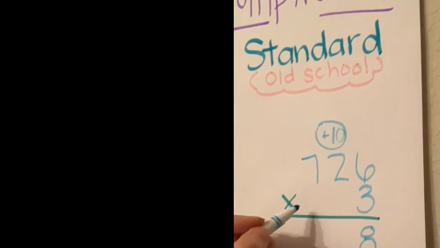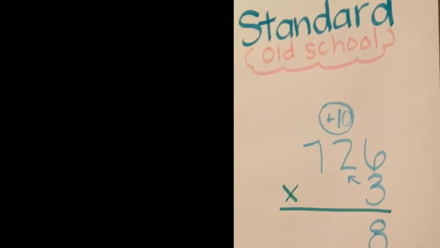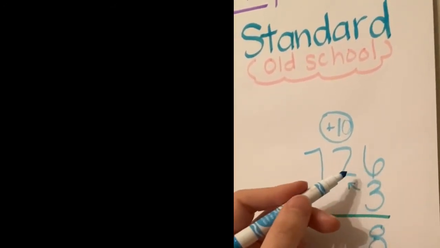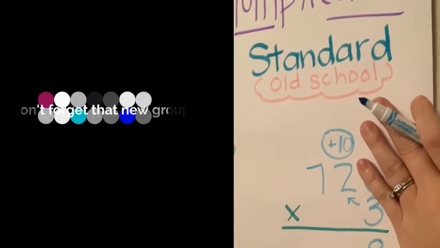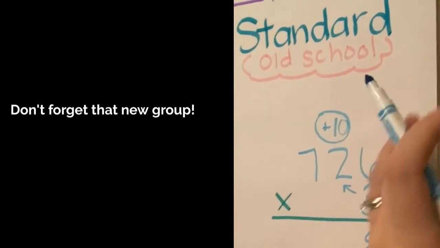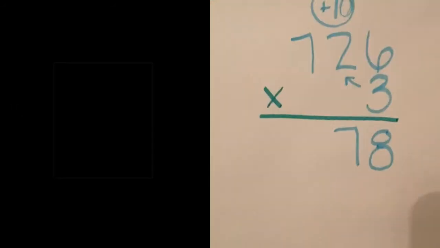So then we're gonna go diagonally and do 3 times 2, which I really am needing to remember that I am multiplying 3 by 20, but just to make it a little less scary, it's nice just to think, oh, 3 times 2, which is 6, plus 1, which equals 7.